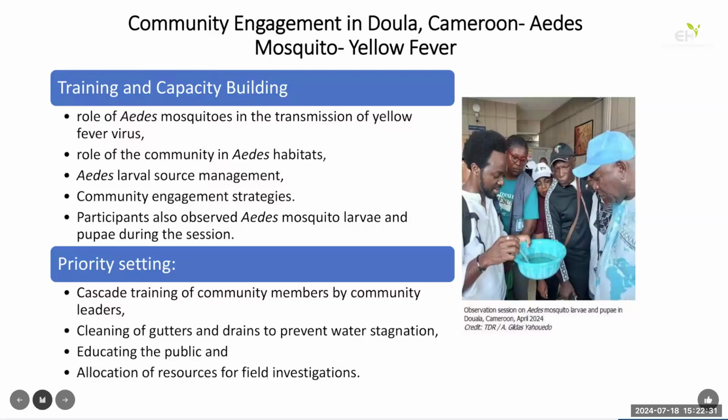In this case, they agreed to clean their gutters and also their drains to prevent water stagnation, and also the education of the public. So this was done with the community, by the community. The WHO and the Ministry of Health and other partners just came in to provide the training, but after that, they really let the community do their own work and mobilize themselves. Next slide.